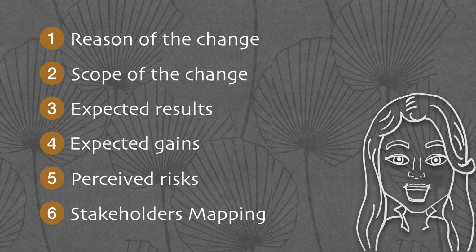An information system, for example, a new organization chart, a redefined process, a new decision-making process, etc. Then, the expected gains, the perceived risks, identifying all the risks that could potentially disrupt the change project. And finally, the mapping of actors or stakeholders, all those affected by the coming change.